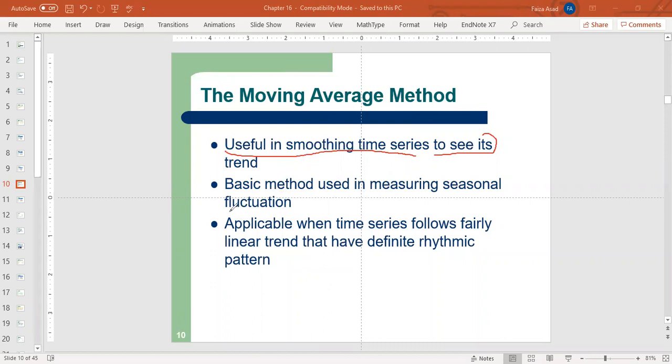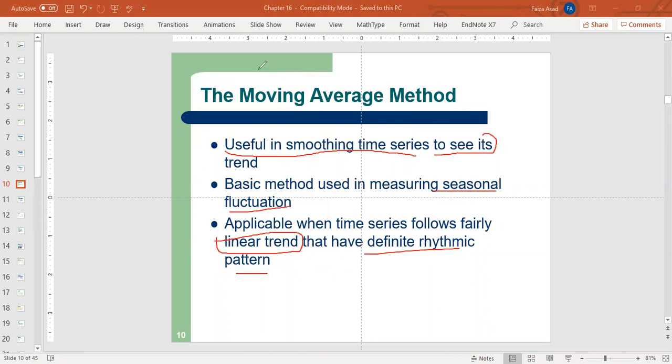It is applicable when the time series follows a fairly linear trend. We can also see whether the time series data is following a linear trend. So the data have a definite rhythmic pattern.